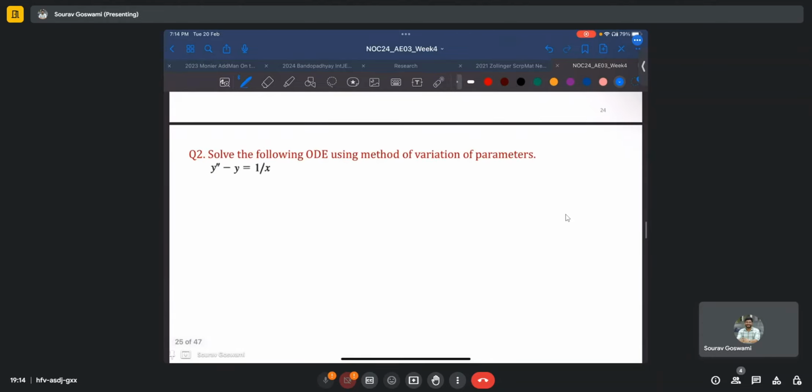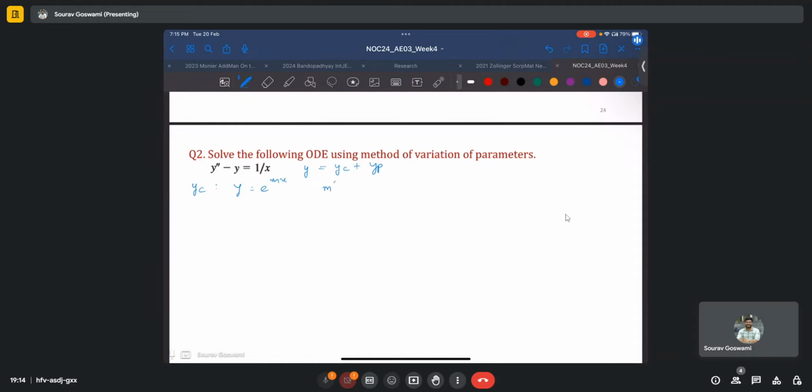One more ODE to be solved using the variation of parameters. This time it's y double prime minus y equals 1 by x. So we follow the same routine. The general solution will have the complementary function and the particular solution. For the complementary function, we assume the solution y equals e power mx.